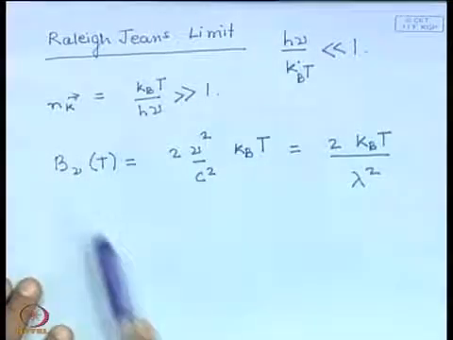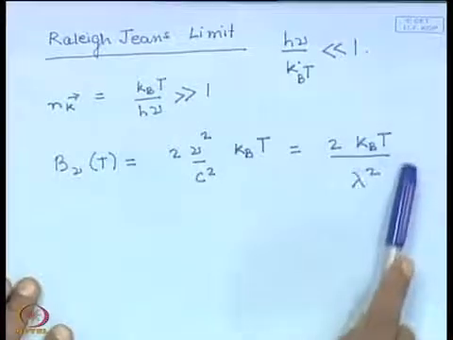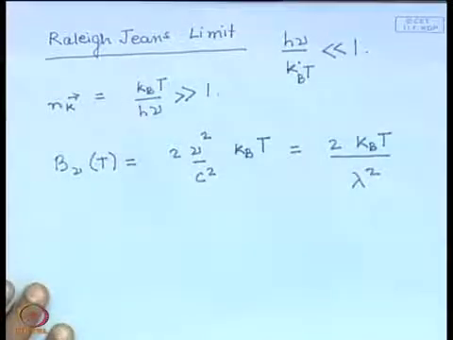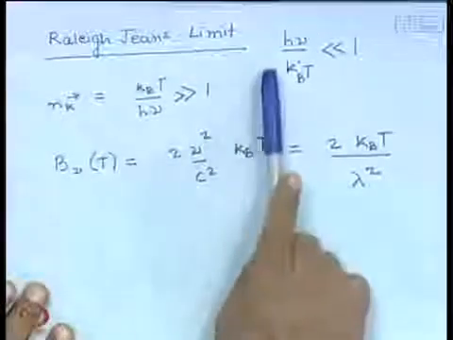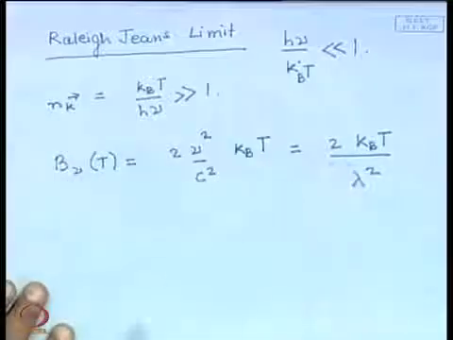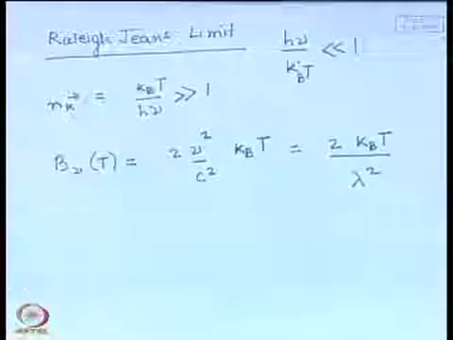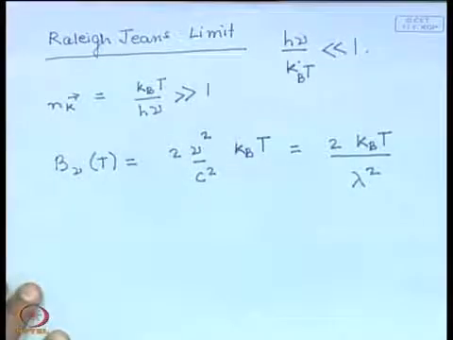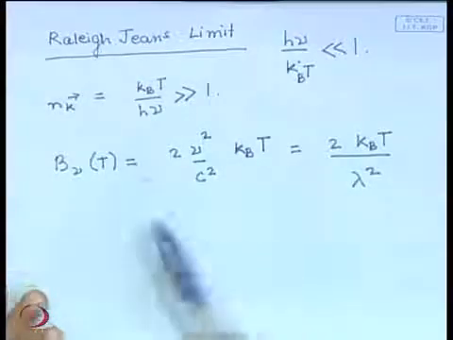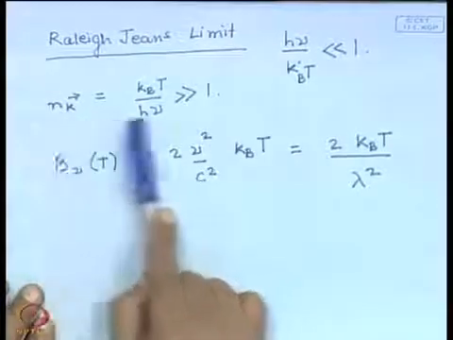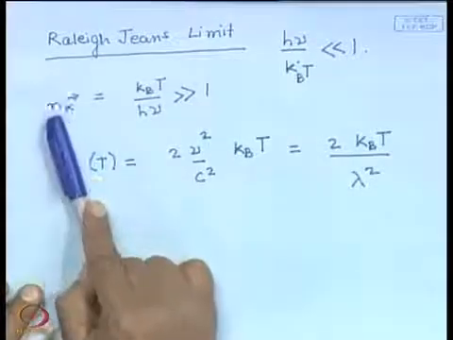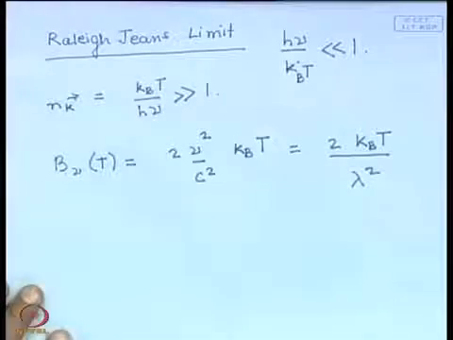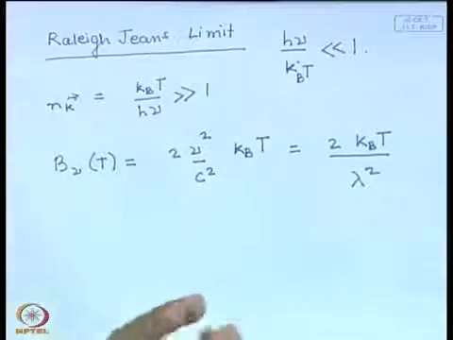Okay. The other interesting feature to note is that the Planck constant does not appear anywhere over here. It is purely classical, in that you do not need any quantum mechanics to understand this, which can be understood intuitively from the fact that you have many photons in each mode. So, the discrete photon nature does not manifest itself.